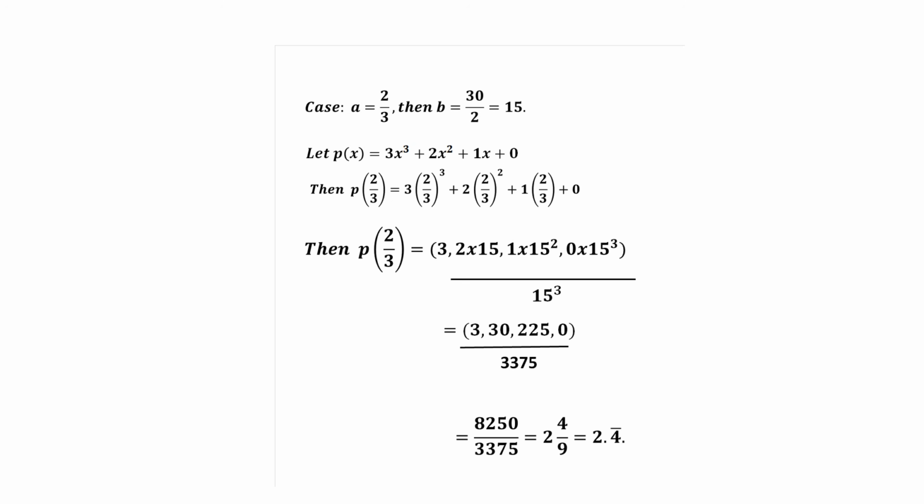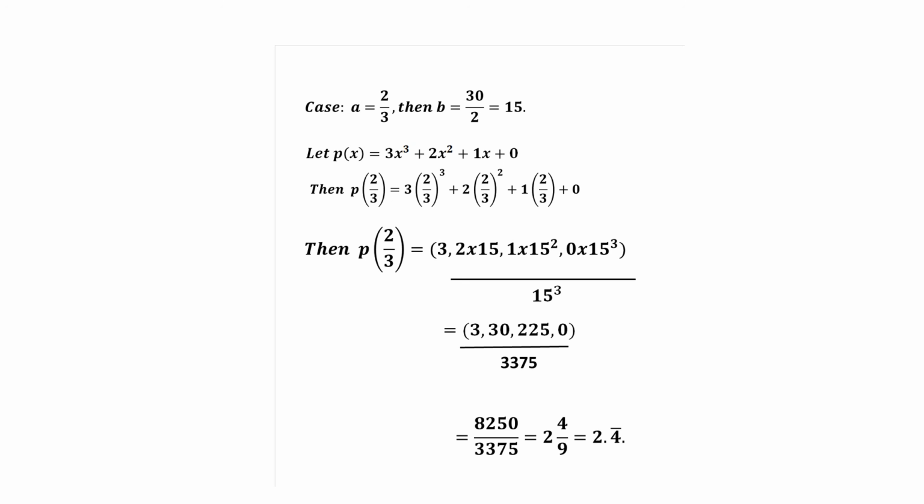Or we could say, okay, p of 2/3 is equal to 3, comma, 2 times 15 to the first, comma, 1 times 15 squared, comma, 0 times 15 cubed. And that whole quantity, that tuple, divided by 15 to the third. And so what we have is 3, comma, 30, comma, 225, comma, 0 over 3,375.